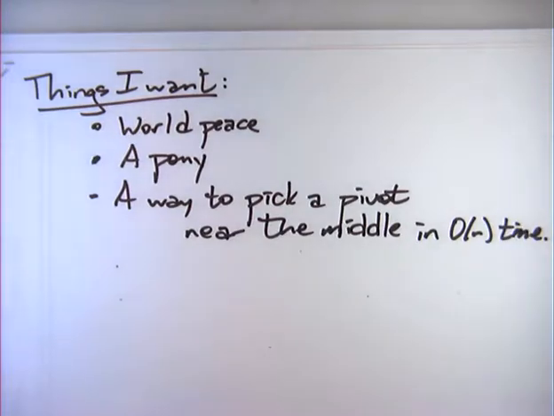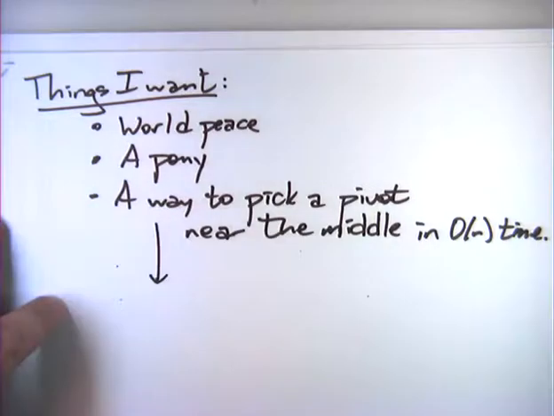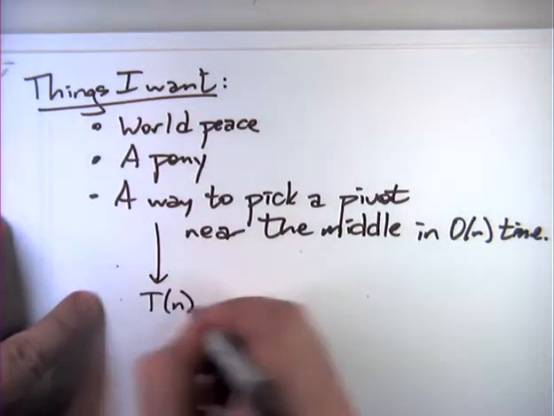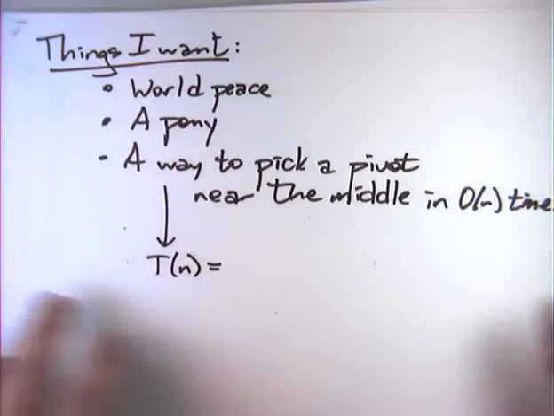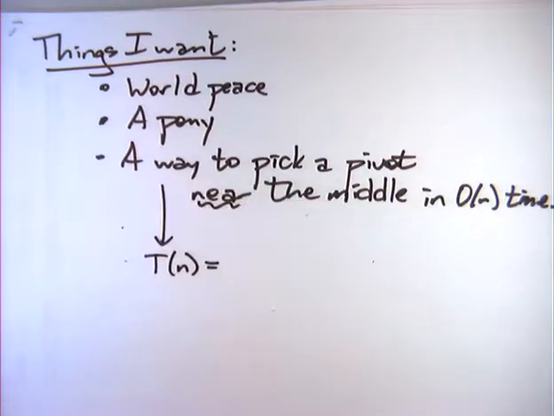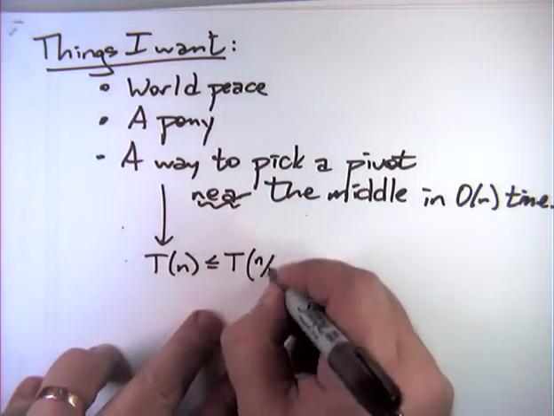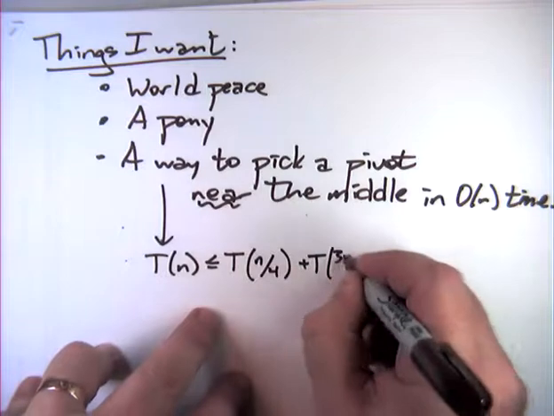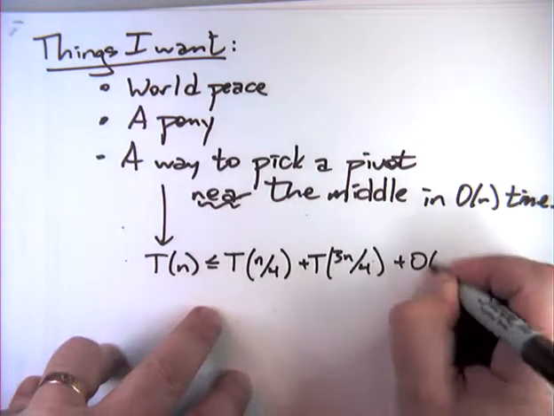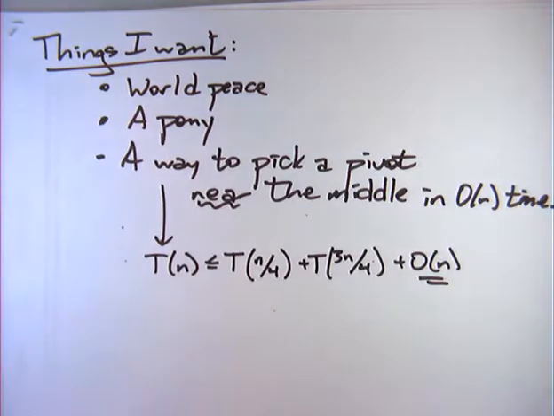Right? If I had the third one of these, this third one would imply something like, I'm being a little bit fuzzy about what I mean by near, but I might end up with a running time that's something like this. Okay, so now this order n on the end accounts for both the time I need to find this pivot, which is somewhere in the middle half of the array.